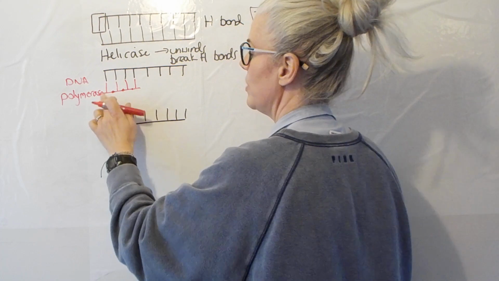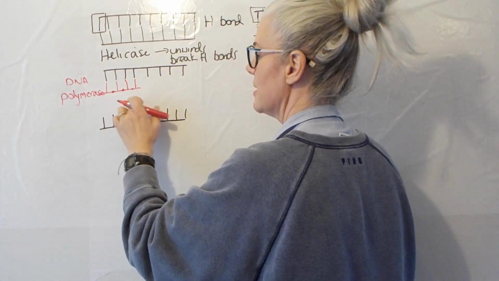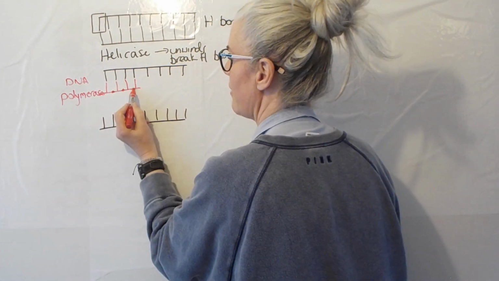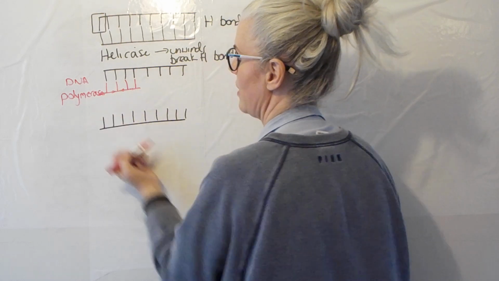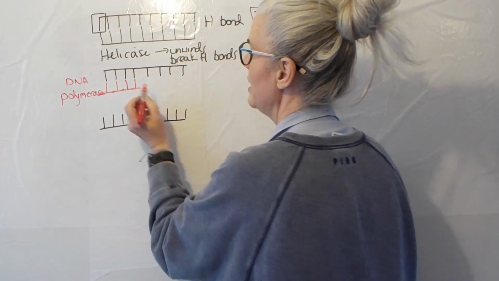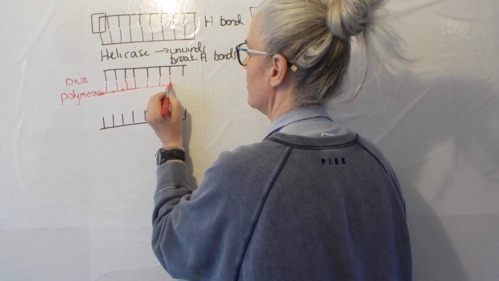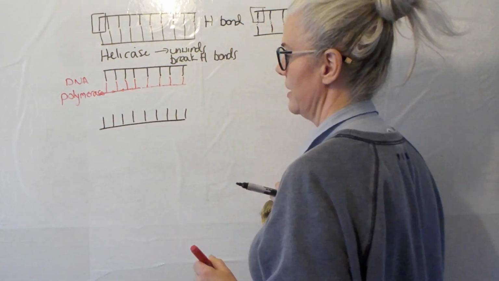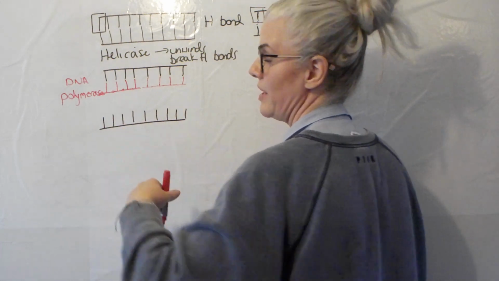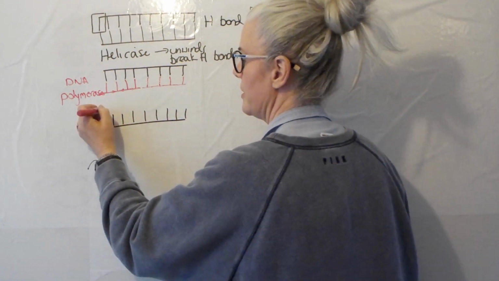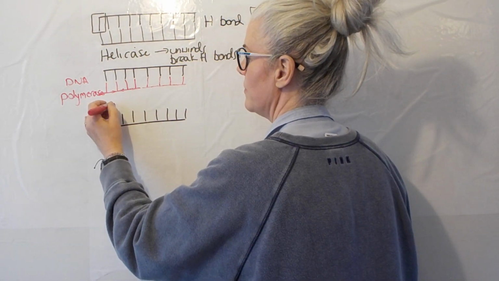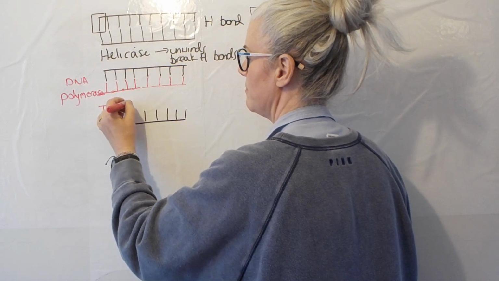So DNA polymerase will add in each base each time, knitting that phosphate sugar backbone together. Okay, and so you will start to get your DNA elongating. And the same thing happens on the other side. I'll do a bit more detail on the other side in a minute. So you just put your bases in.